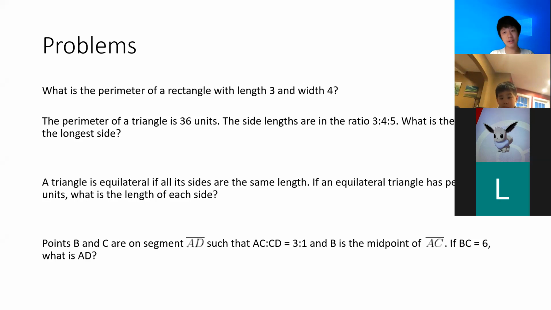So in geometry, it always helps to draw out a diagram. All right, more people are getting it right now. So one more minute on these problems.